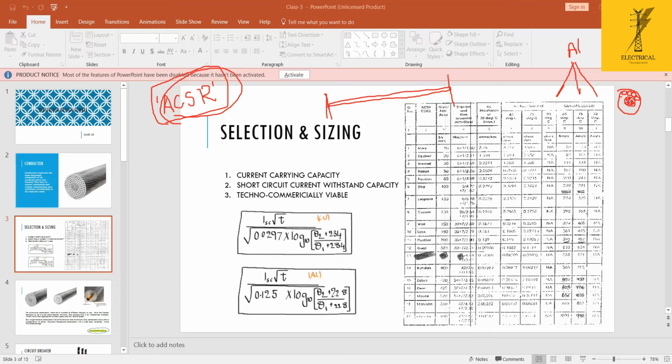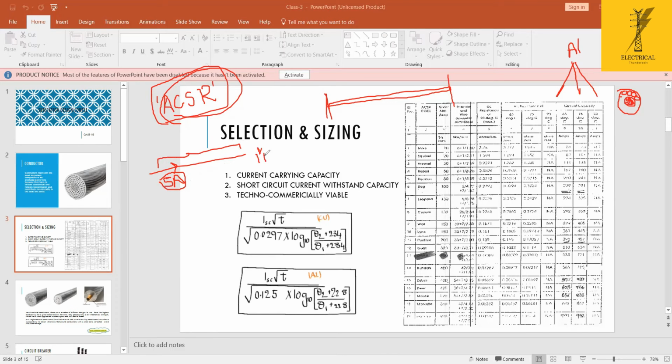Now, what is the relation between the conductor and the temperature? Let's see this. If I am sending 5 amps through this conductor, due to these 5 amps, the resistance of this conductor, and how long it is flowing, some heat will be developed inside this conductor.